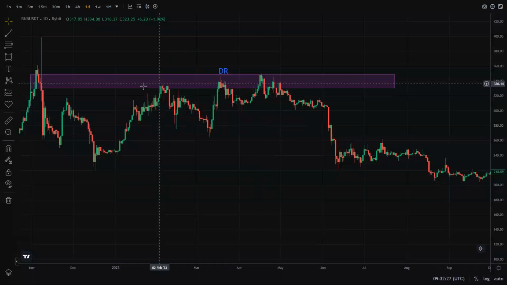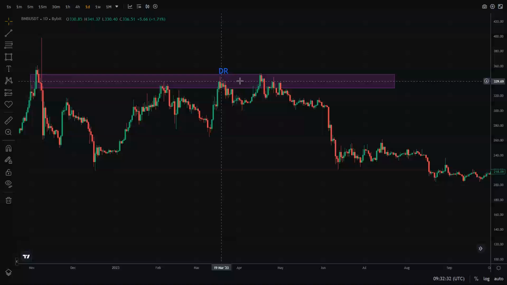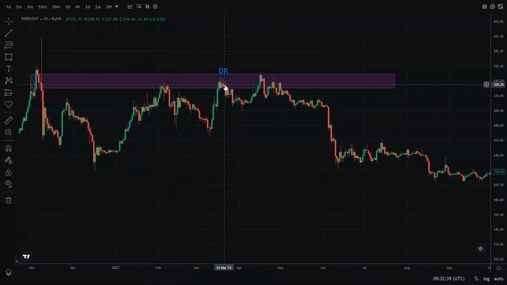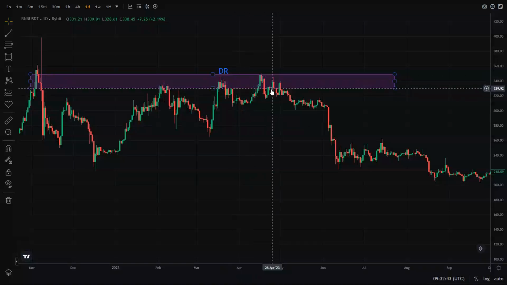You can mark this resistance level with your trend line or your rectangular box. So you must pair it with other price actions. These are the things we will discuss later, like I said earlier.